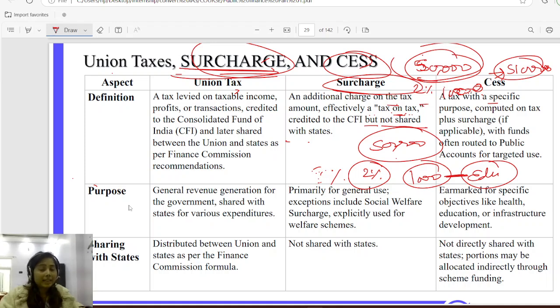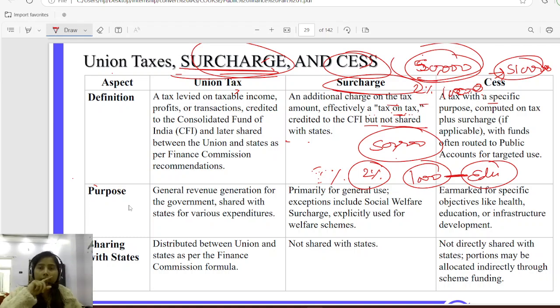Surcharge means that the government is charging you an extra amount because you are earning more than the expected amount, and you should pay that amount. It will go into the central government account, and they might use it for different purposes. Cess is a purpose-specific tax that the central government is charging, and they will utilize that money for that particular purpose only.